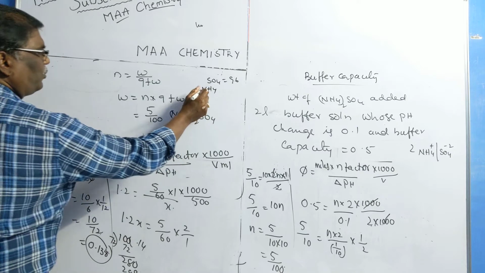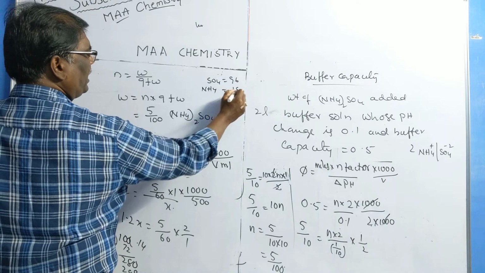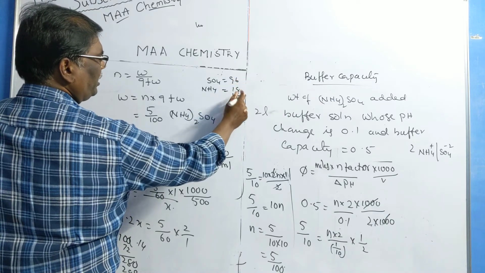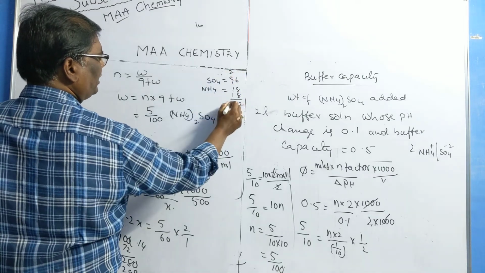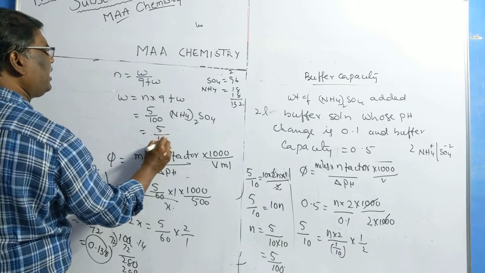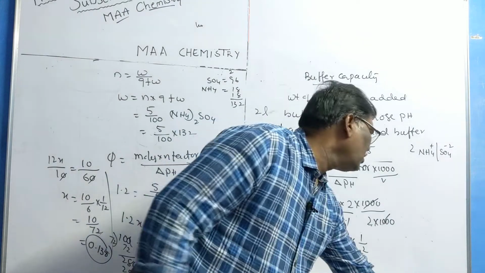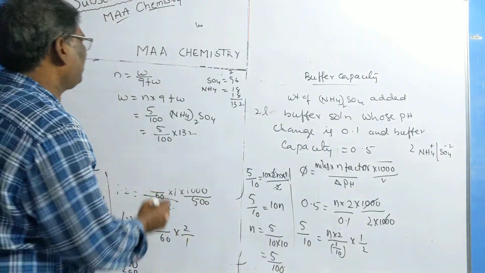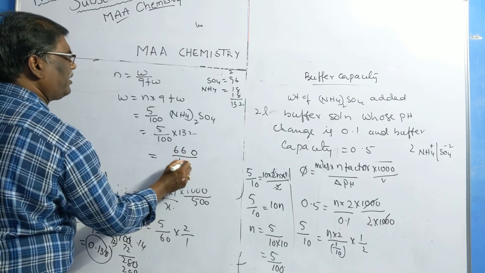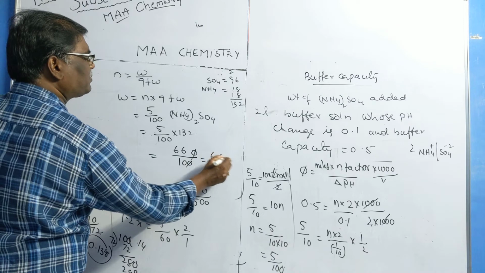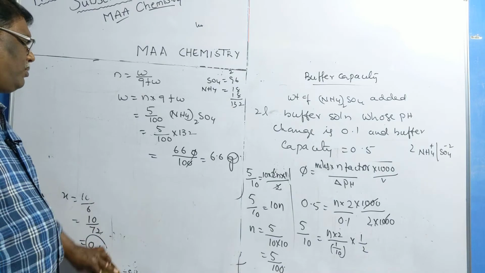NH4 plus is 14 plus 4, which is 18, taken 2 times, so 36. Together it is 132. So 5 by 100 into 132. On simplification, we get 6.6 grams of ammonium sulfate to be added.